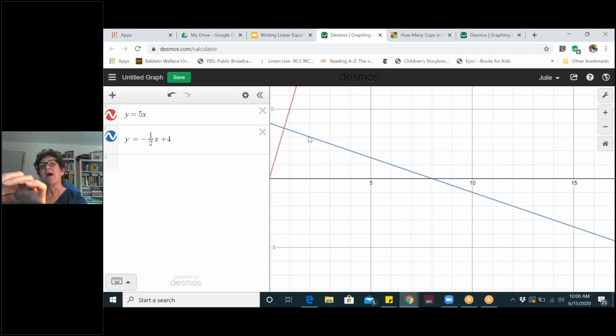But if I go down 1 and over 2, here's another point represented by whole numbers. The X is 4, the Y is 2. Down 1, over 2. Down 1, over 2.